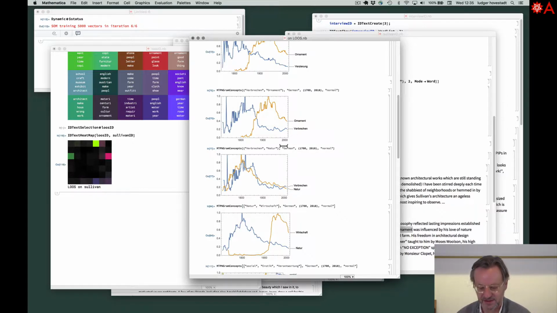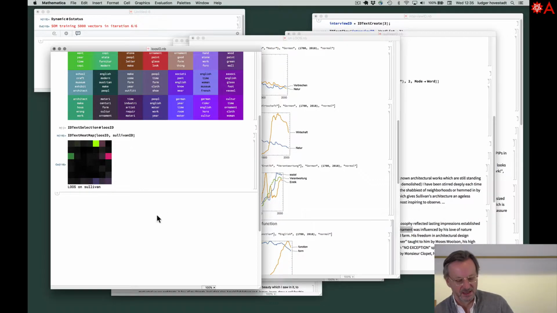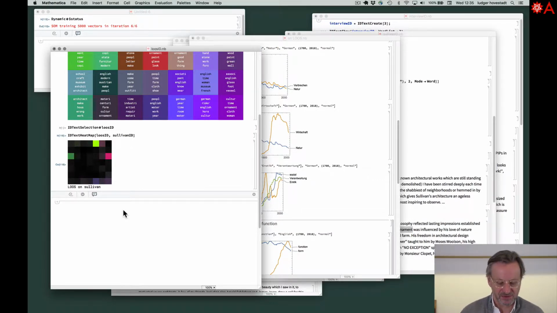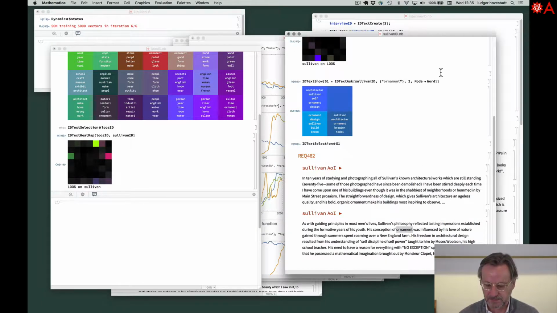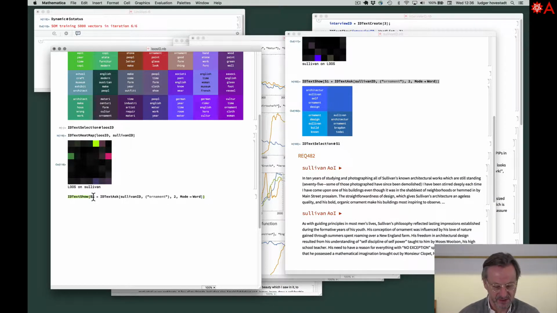Now let's have a look, and that's interesting as well, that Loos is not using the word function. So look at this. Take it from here, copy, paste. Now we say Loos1, Loos ID, and we are looking for function.